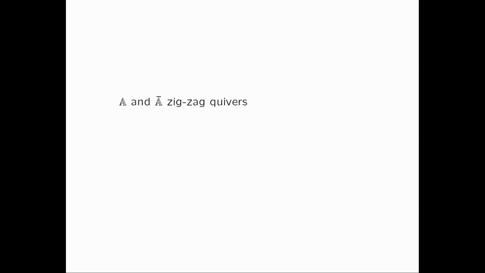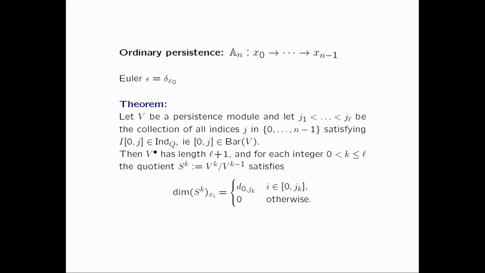All right, so now with these two, I want to go through a couple of examples, what this actually translates to, and then continue maybe with what we can really say. Okay, so ordinary persistence. We just have an equi-oriented row of maps, and we take the Euler one, but of course in this case it's just the same as putting the skyscraper at the first vertex.